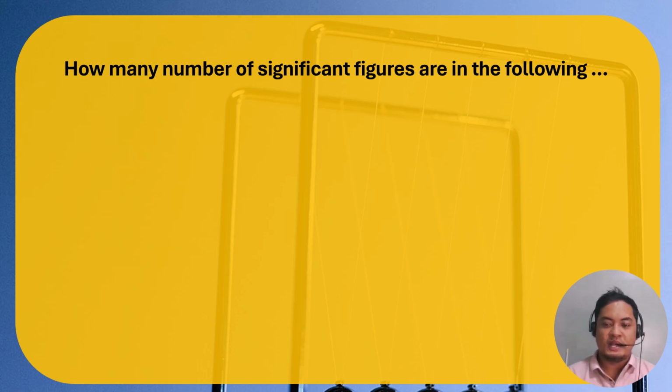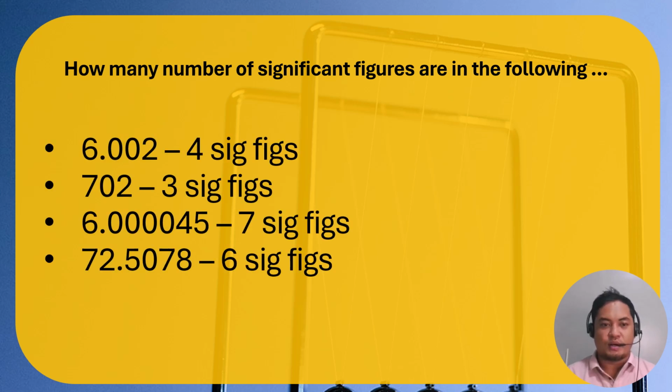All right, let's be quick. The answers are as follows. In the first bullet, we have 6.002. The zeros there are counted because the answer is four sig figs. So zeros are significant in this number. 702 has three sig figs, so the zero is significant, as well as in the third and fourth bullets.